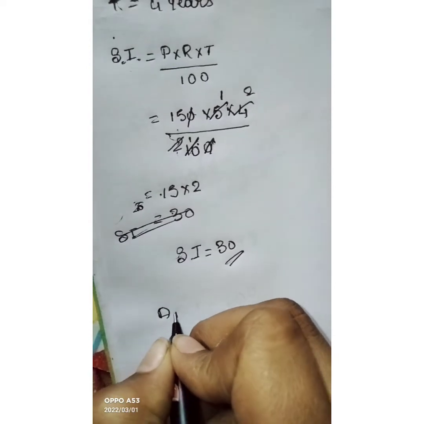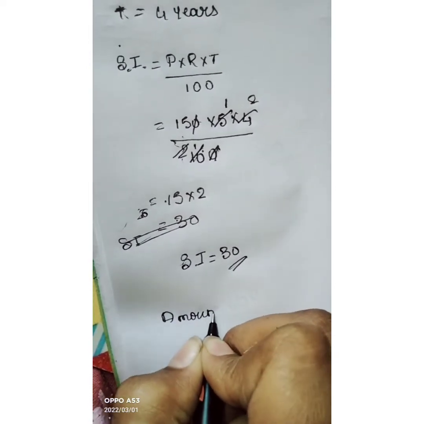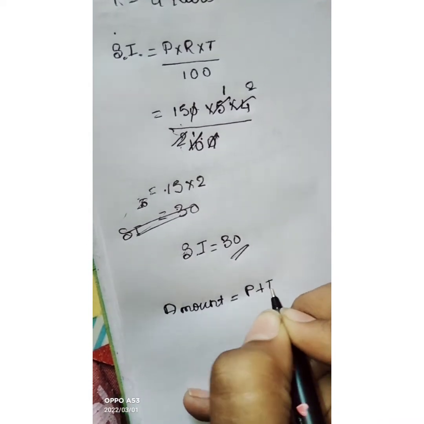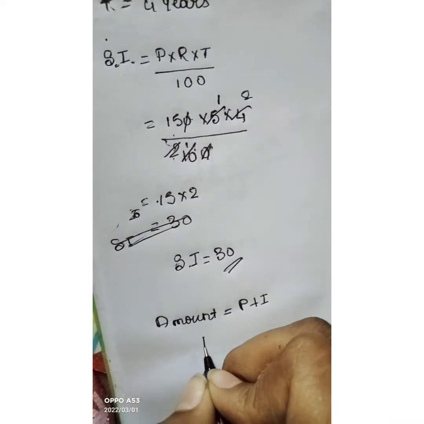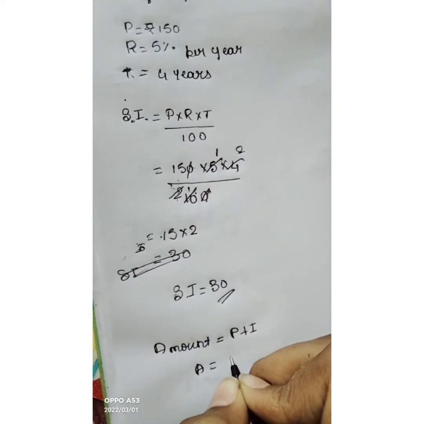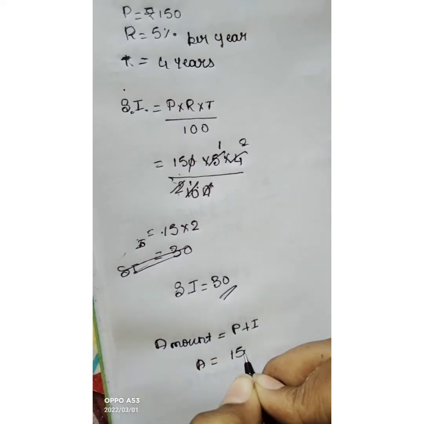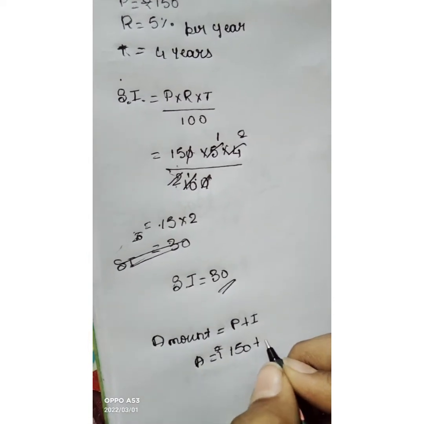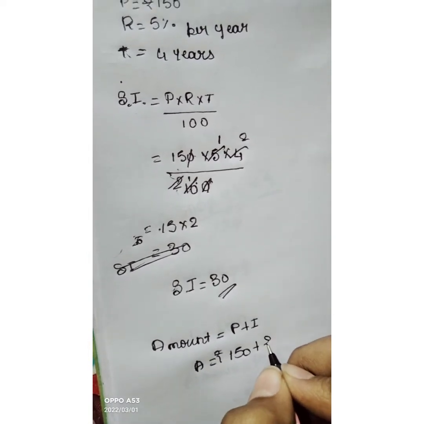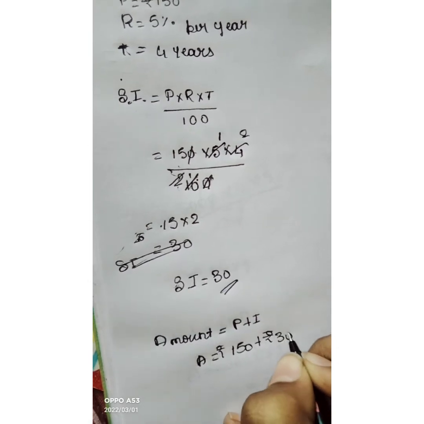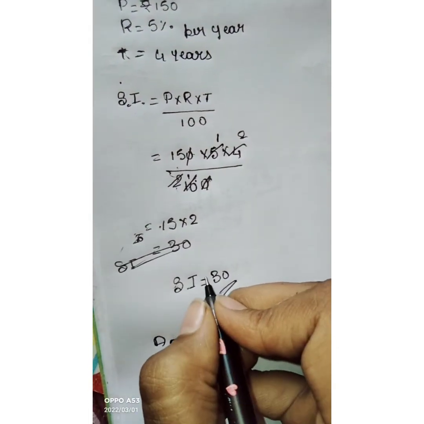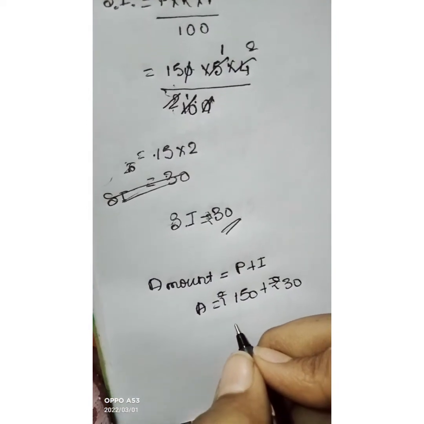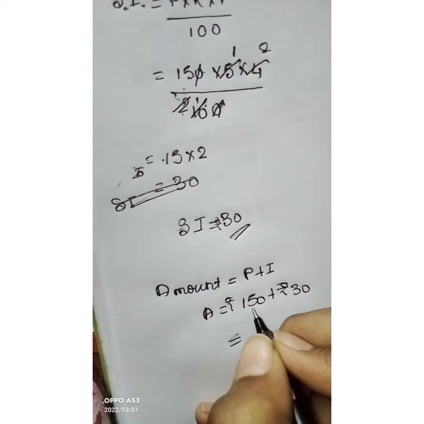Amount is equal to P plus I. A is equal to the principal we got as rupees 150 plus, let's say, we got as rupees 30. I forgot to write the rupees at the first place. So how much did we get?